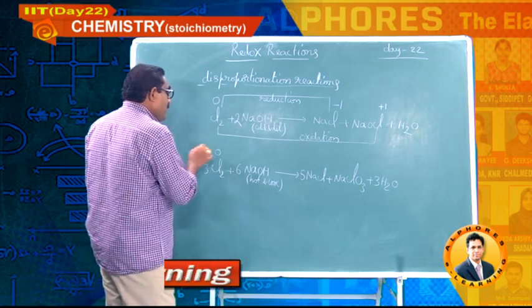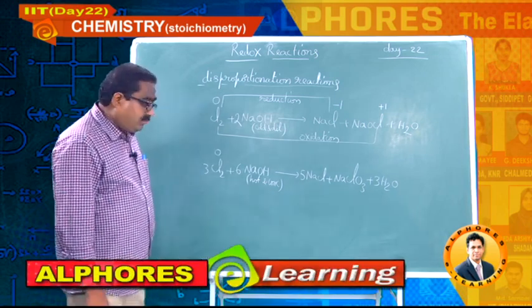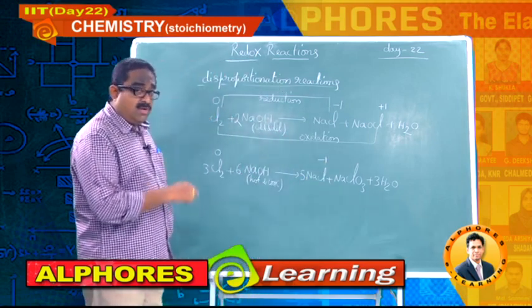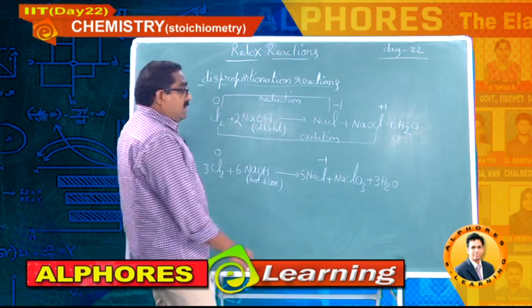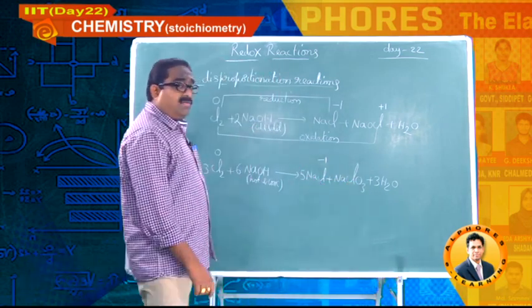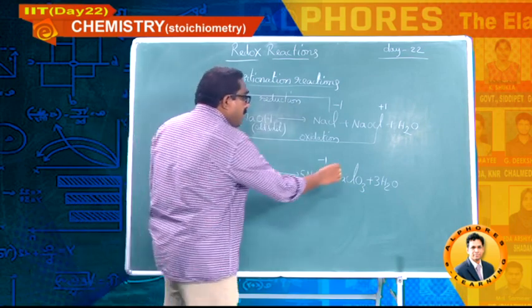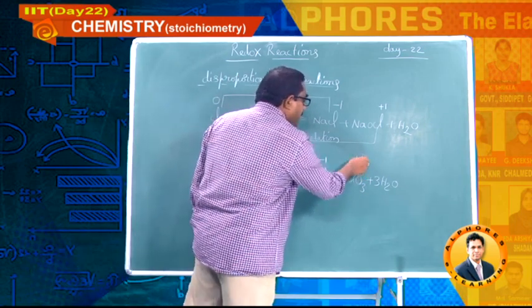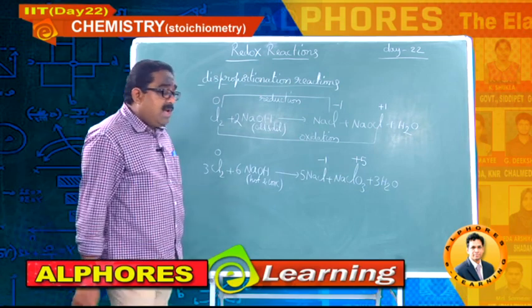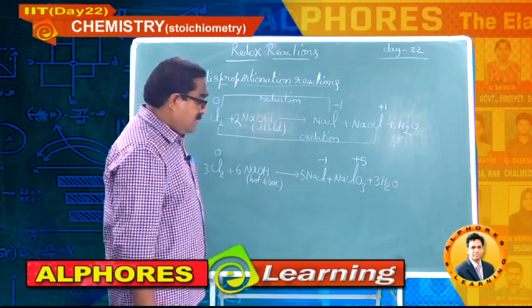Let me explain the same with second example. Here for this chlorine 0, here for this chlorine as usual -1, sodium chloride. For this sodium chlorate, sodium +1, for 3 oxygens -6, total -5. So you should assign +5 oxidation state to that chlorine. And name of that compound is sodium chlorate.